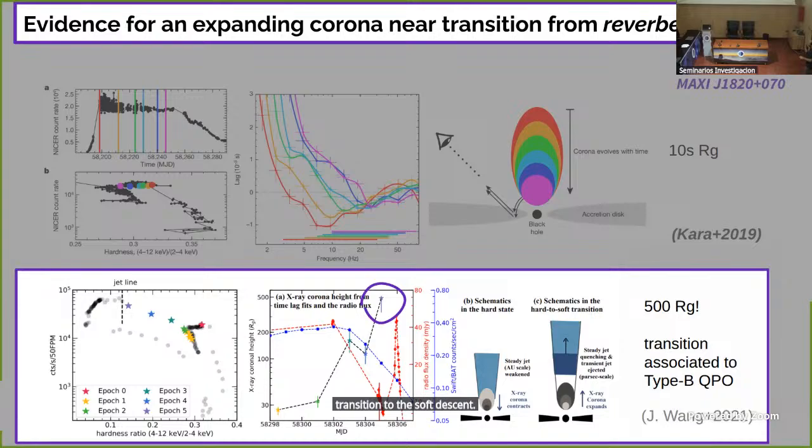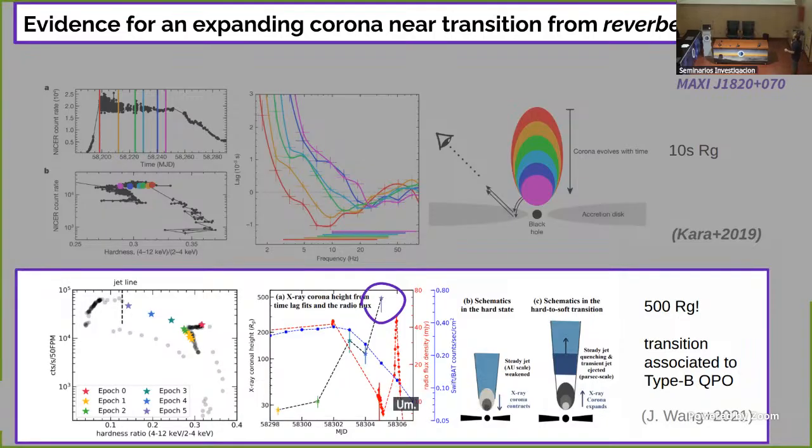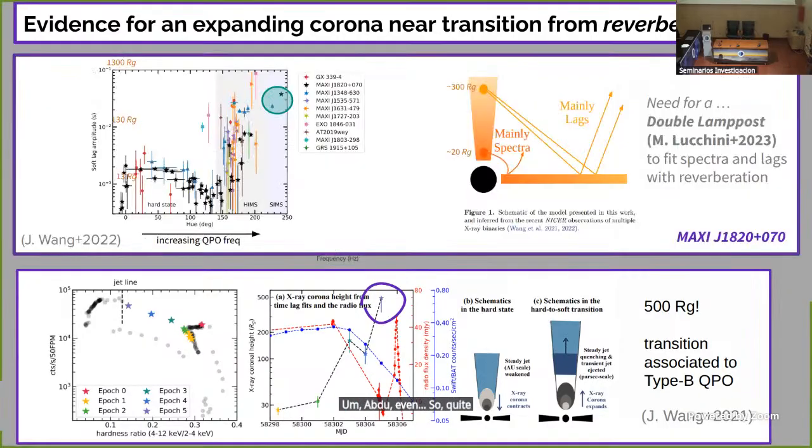And if you follow these points and try to estimate now the size of the corona through the reverberation echoes, you also find that there is an increase in these delays. The size of the corona was just of the order of tens of Rg in this part of the diagram. When it experienced the transition, it was also increasing, up to even 500 Rg. So quite similar to the results we found.